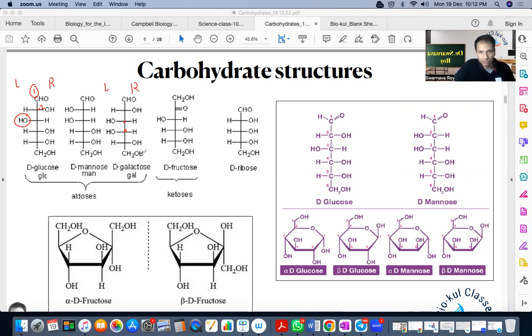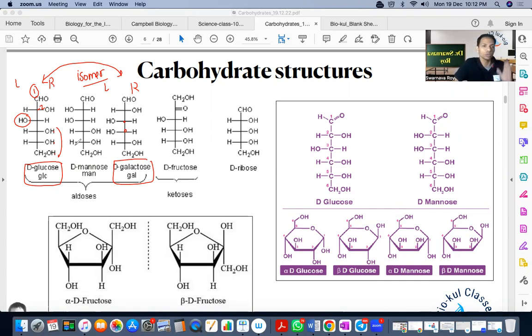That is the only difference between galactose and glucose. So you see they are basically isomers having the same molecular formula. But when you look at the structural arrangement, the fourth hydroxyl is flipped on the left side, whereas in glucose, the fourth, fifth, and sixth hydroxyl are on the right side. Okay, so that's the difference between galactose and glucose.